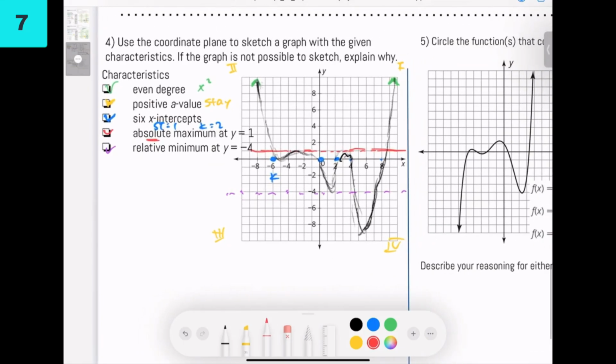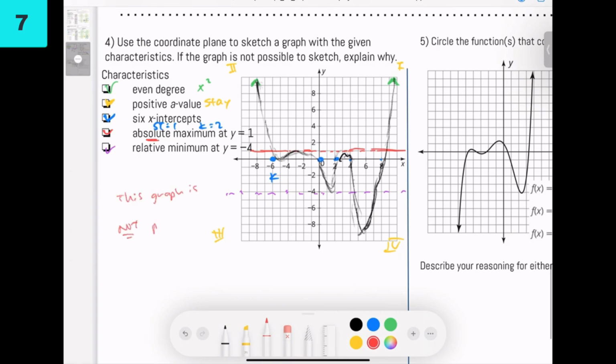So I'm going to write this graph is not possible, comma, because this is our grade explanation word.